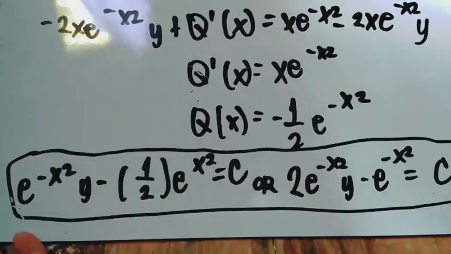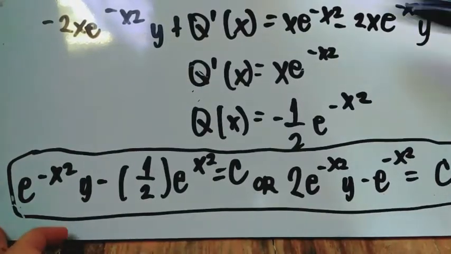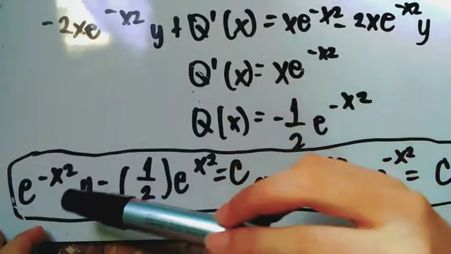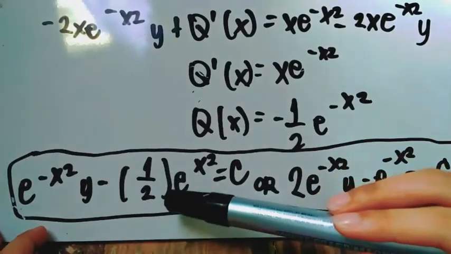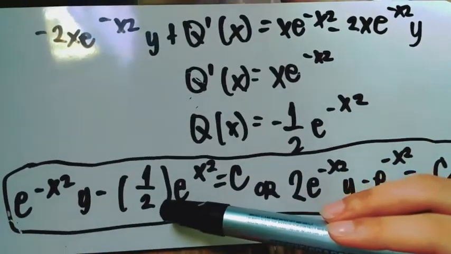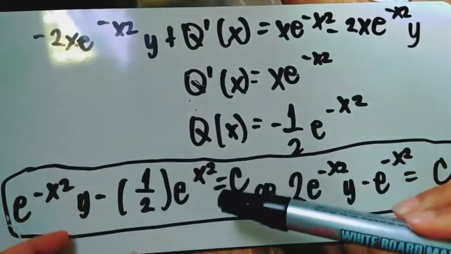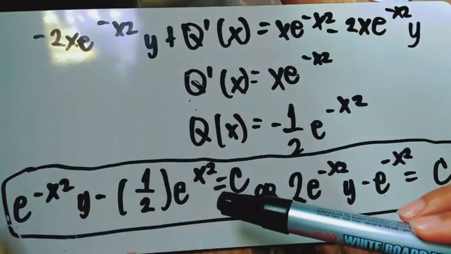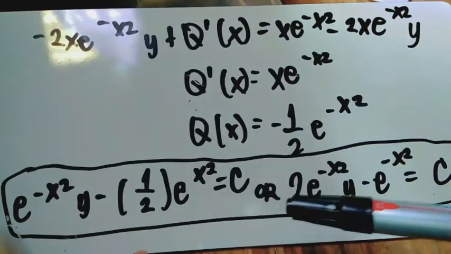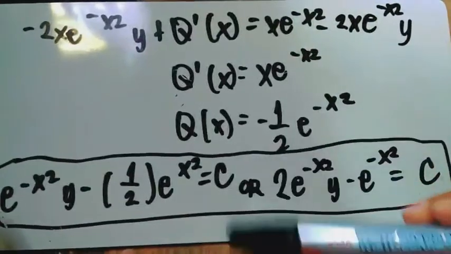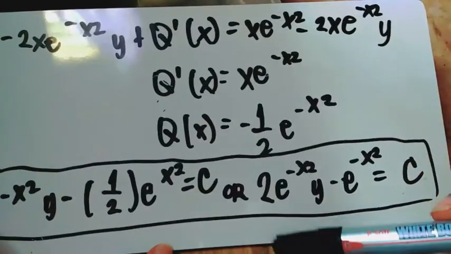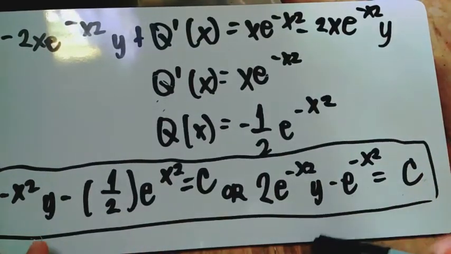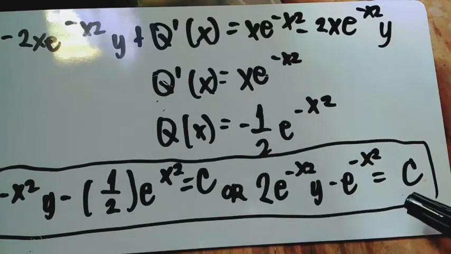Therefore, we have e raised to negative x squared y minus 1/2 e raised to negative x squared equals c, or 2e raised to negative x squared y minus e raised to negative x squared is equal to c.